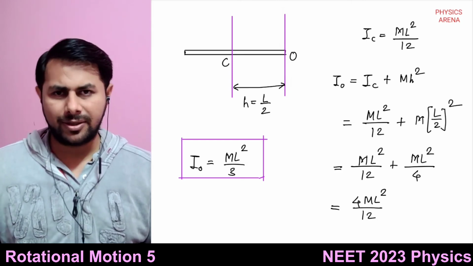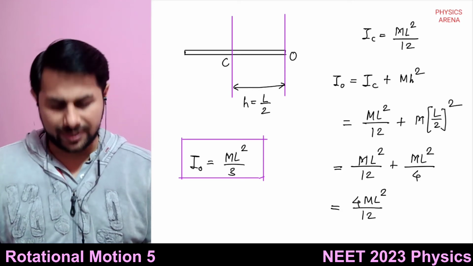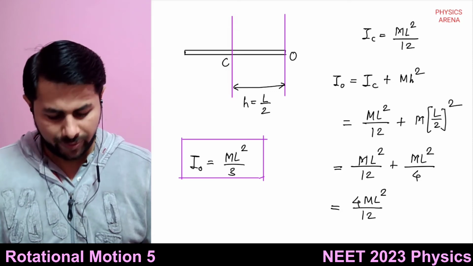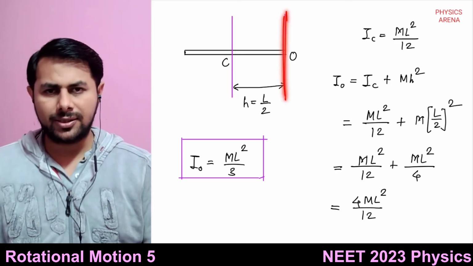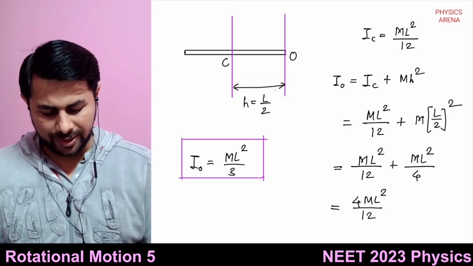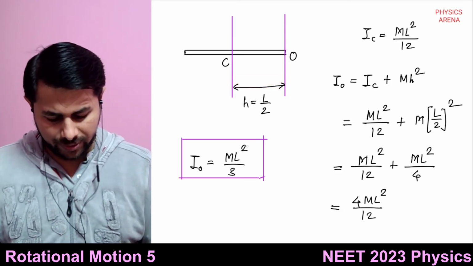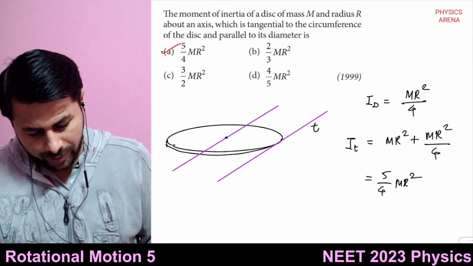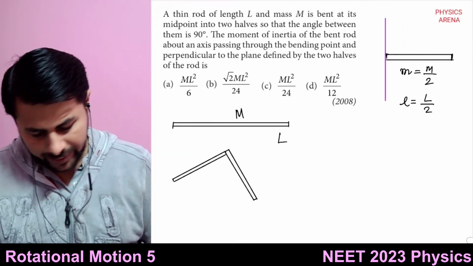Using the parallel axis theorem, the moment of inertia about the center axis is ml square upon 12. About this axis, it is ml square upon 12 plus mh square, where h is L by 2. So it is ml square upon 3. We have solved this, so we can directly use that.